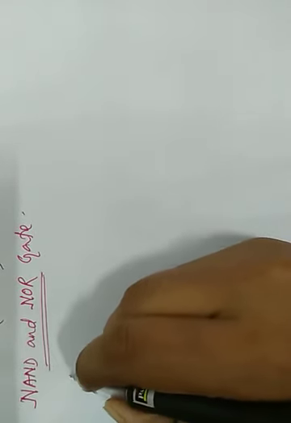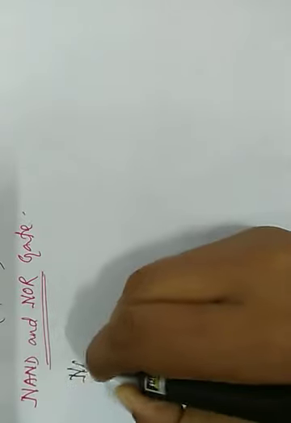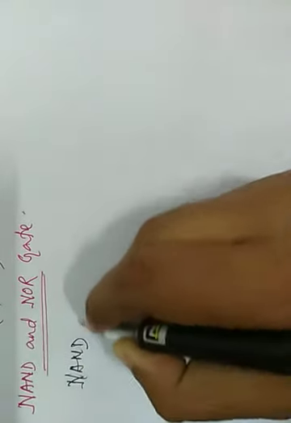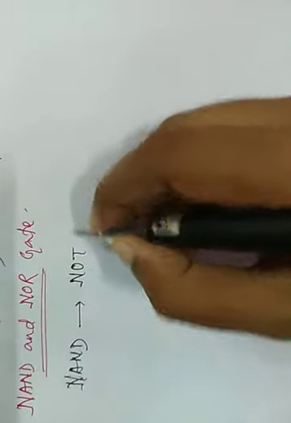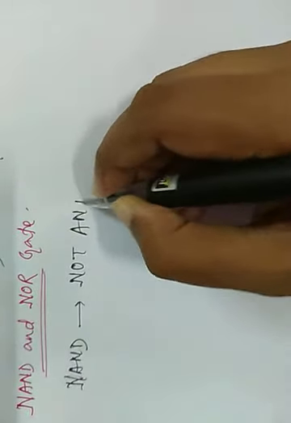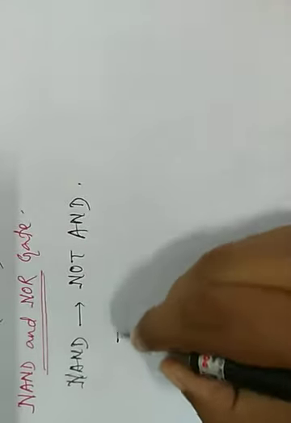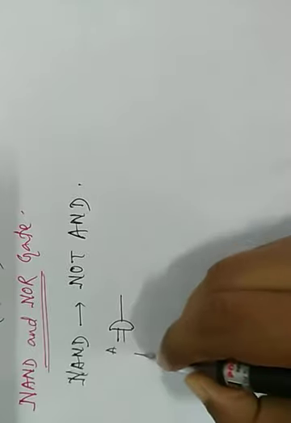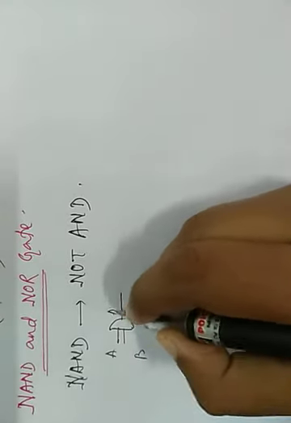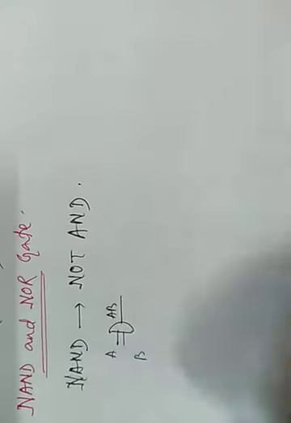First it's NAND. NAND gate comes from the NOT operation of AND gate. NOT AND gives NAND gate. If this is an AND gate, minimum 2 variables are there, so A, B is its output.